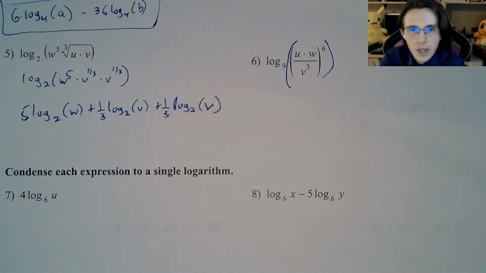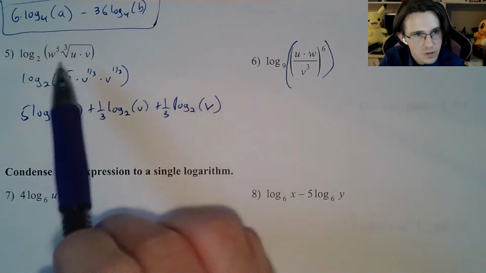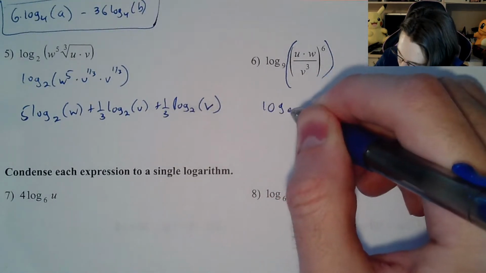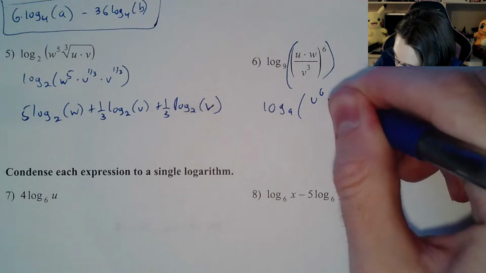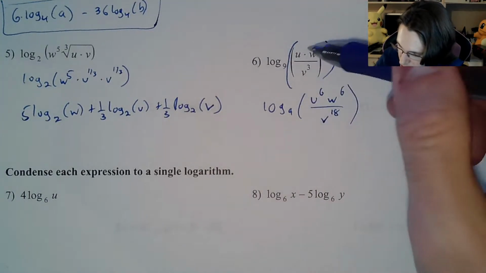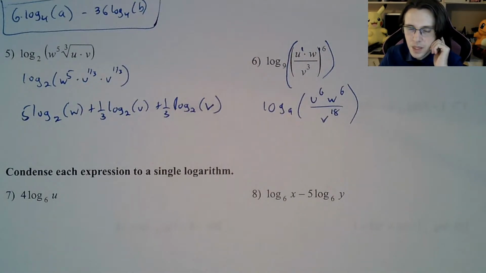I didn't have to. All right, so this one, same exact idea as that number 3, where we distributed the 6 first, same as this one here, where we distributed the square root first. We have to distribute that 6 to all of these. We're going to get u to the power 6, w to the power 6, v to the 18. We are multiplying all the exponents, like there's the invisible ones here. We're kind of just multiplying all of them out.